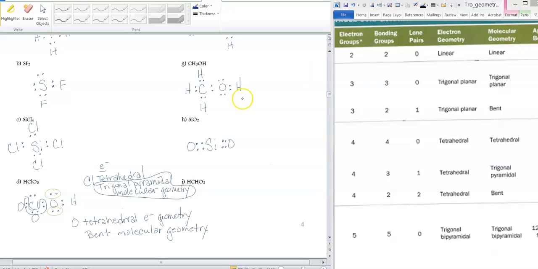And what you might notice is you have a different geometry set up here as well. So if you want to pause and figure out what the geometries around those central atoms are, then do that. And I'm going to give the answers verbally, so go ahead and pause.